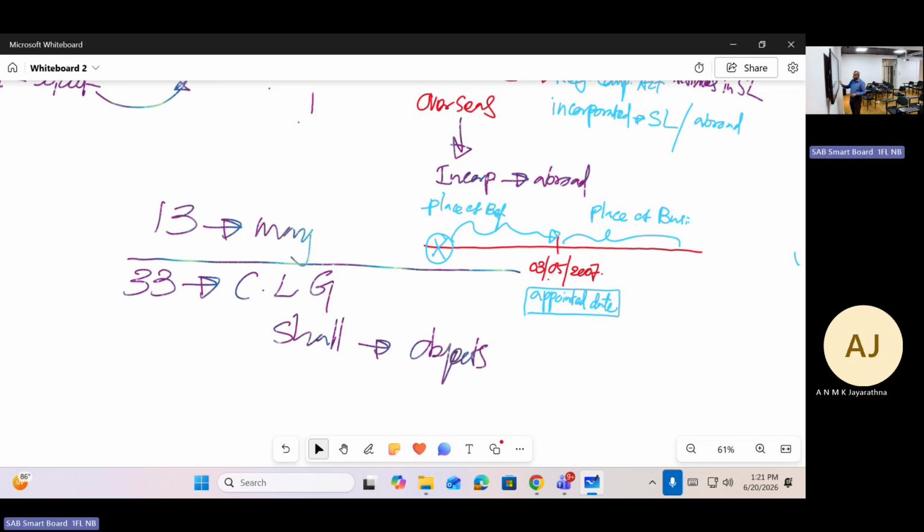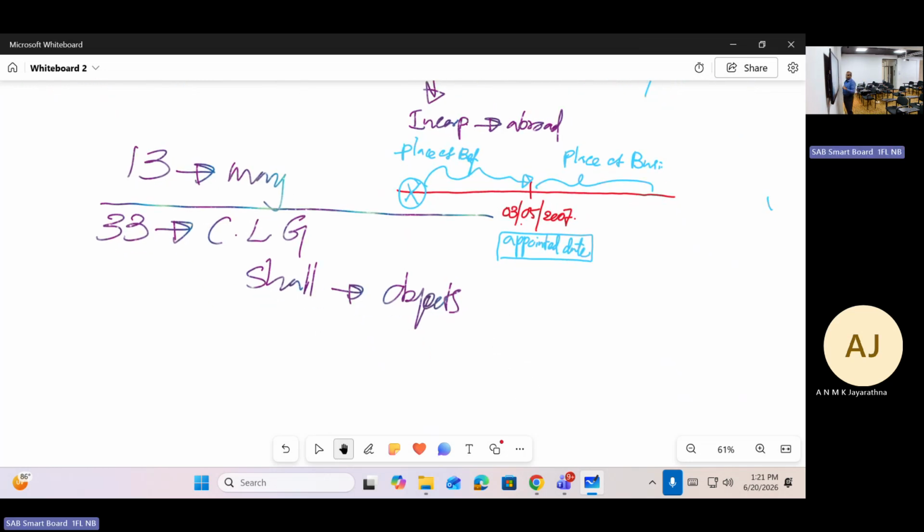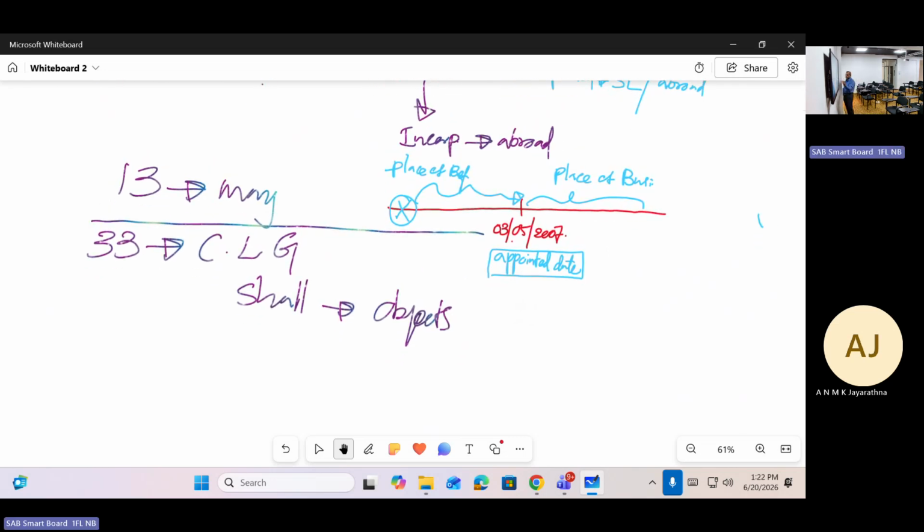Now, it is a company limited by guarantee, right? This company shall mention its objects. The reason is, if this company is able to meet three conditions, right?